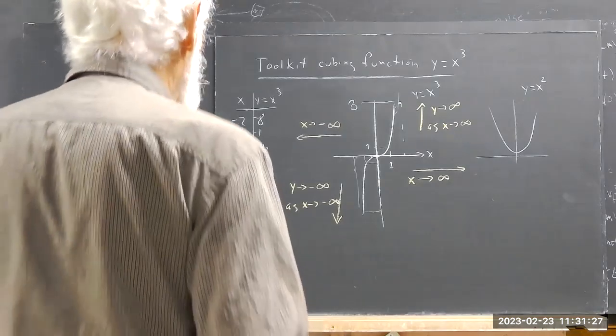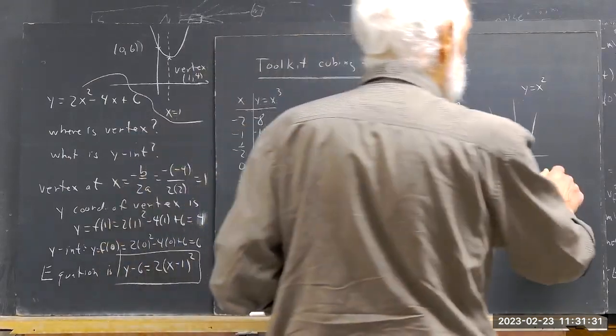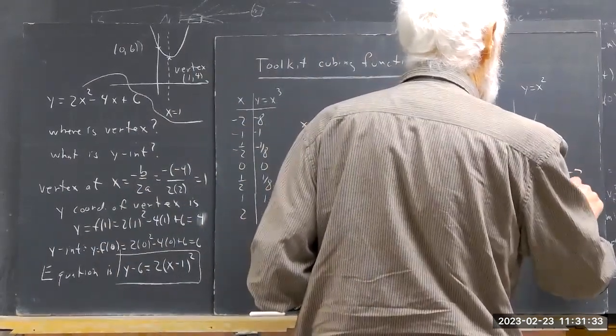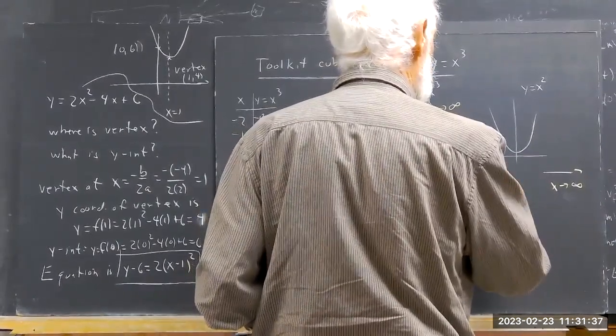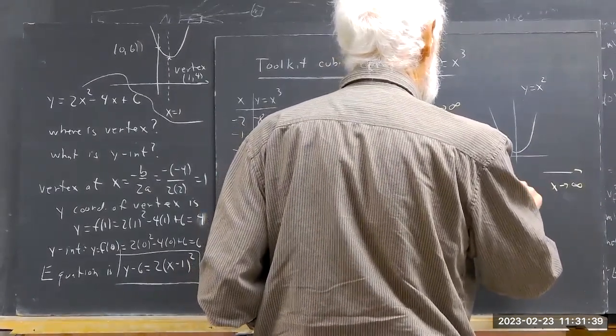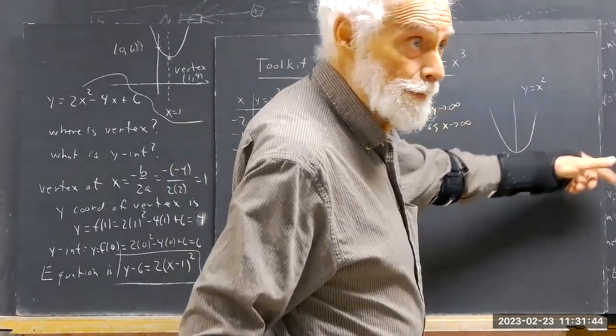What do we mean by x goes to infinity? It means this over here. As our x values keep going this way, what happens to our y values?